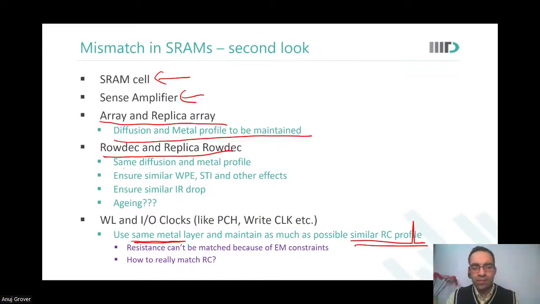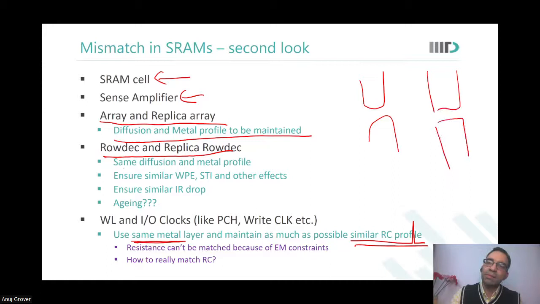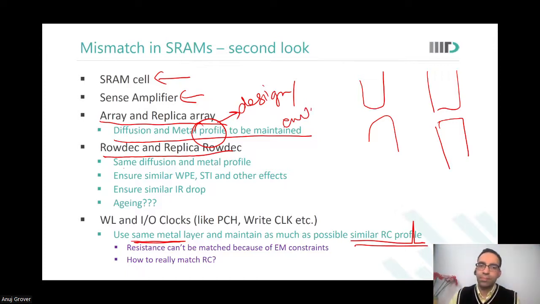So profile means the boundaries are the same, you know, the behavior or the environment. Let us say, metal profile, or you can say metal design, and environment. They have to be similar. Okay.